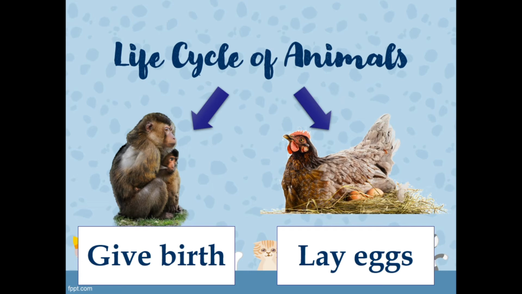Like on the screen, an example of animals that give live births is the monkey, and an animal that lays eggs is the hen. So these are only examples of animals. They have different ways to continue their species.